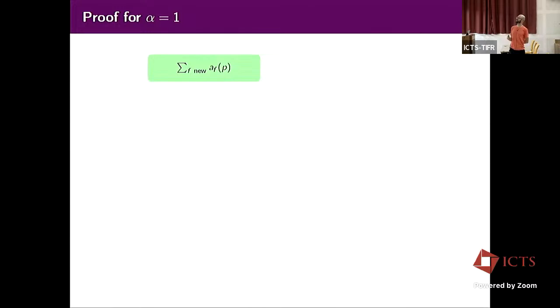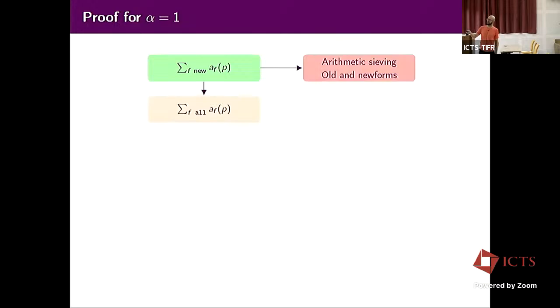Also a sketchy proof. So we have a sum of coefficients. I get rid of the weights, but they are here. We sum coefficients. In fact, all along, we sum only over newforms, forms not coming from lower levels. So the first thing I need to do to use trace formulas, because trace formulas see the whole spectrum, so you need to add the whole automorphic forms, even from lower level, is that you add them.